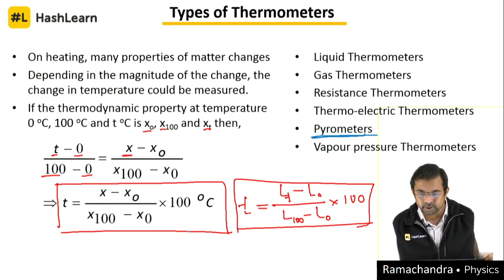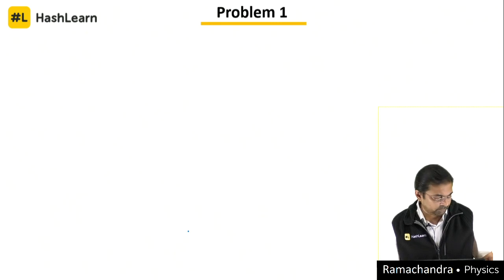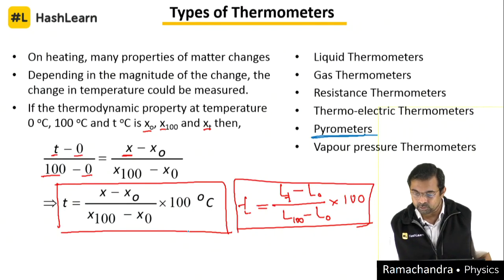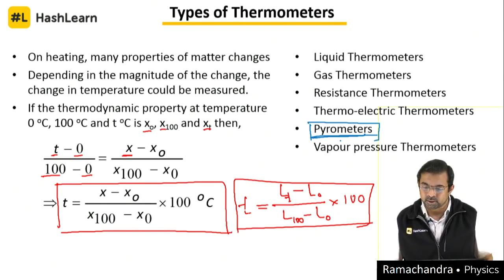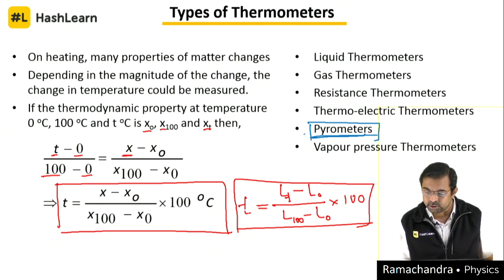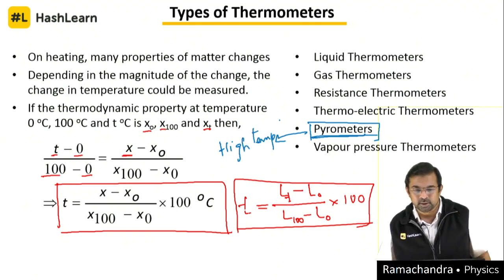Then vapor pressure thermometers. Now let's go to pyrometers. These pyrometers are the instruments or thermometers used to measure high temperature, just like in the case of any steel plant.